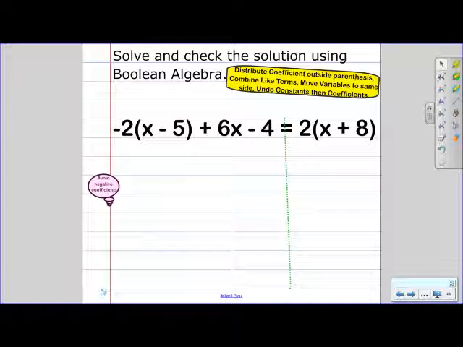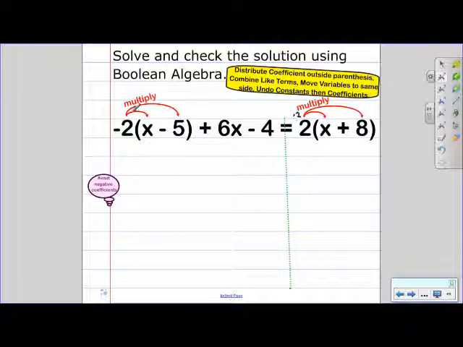Okay, now the first thing that we need to do is to use the distributive property for our parentheses. So we will be multiplying the -2 and distributing that into what's inside of our parentheses, and we're going to do the same thing on the other side. So here we're going to be multiplying 2, and over here we're going to be multiplying -2.